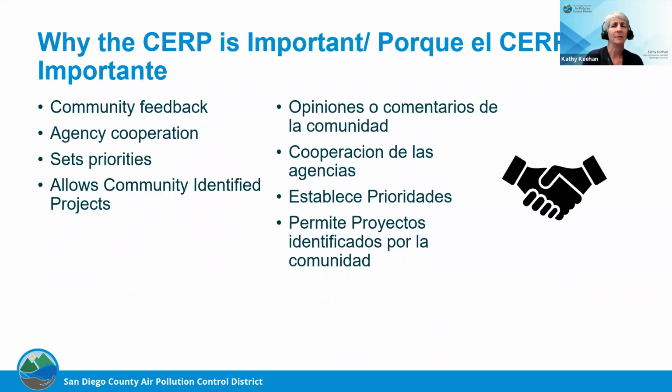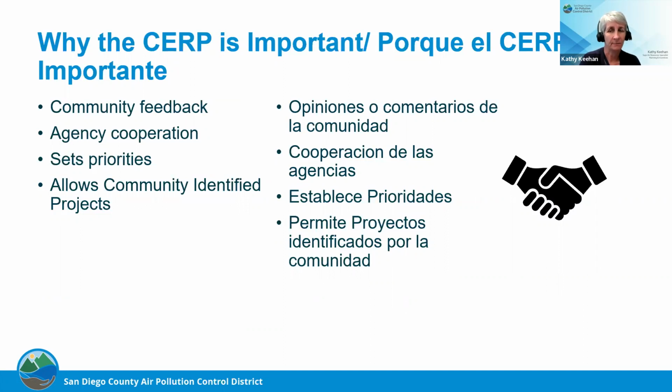I wanted to talk a little bit about the connection between the Community Emission Reduction Plan, the CERP, and the incentives for the community. The CERP is a really important process for the community and the Air District and CARB, and it does several things for us. It provides a mechanism for community conversation about what's needed to improve air quality.